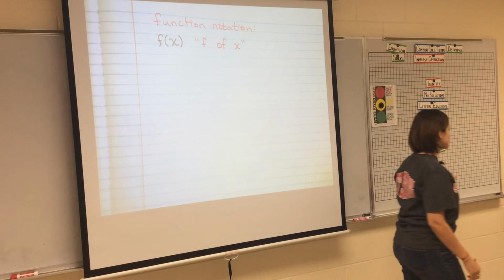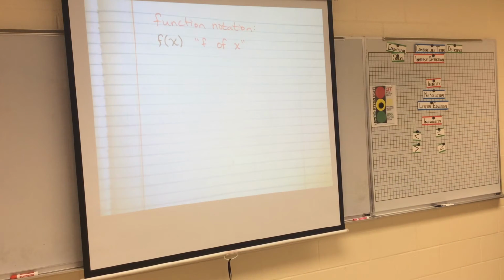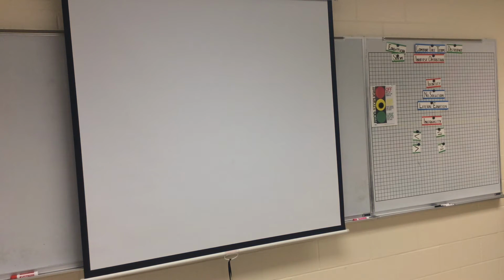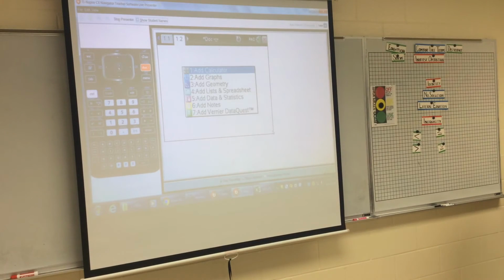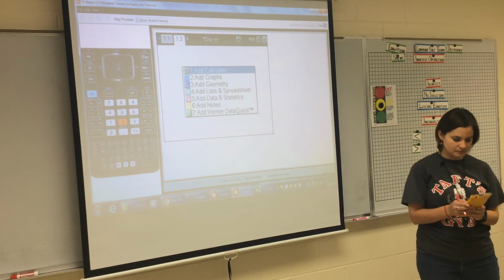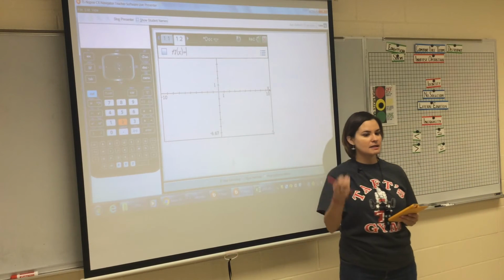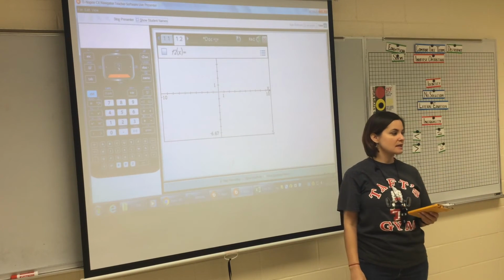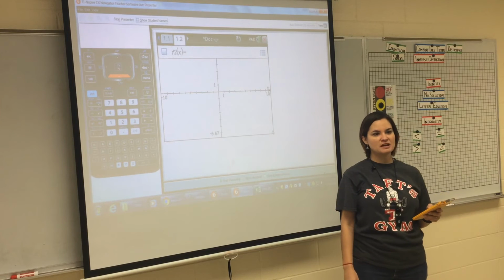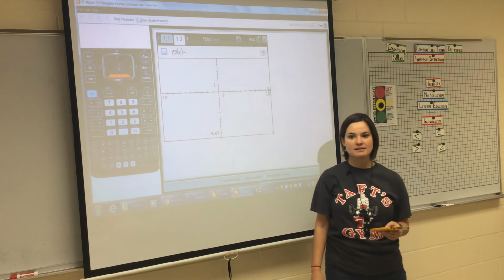Did y'all notice in your calculator, I'm going to add a graphs page. We have F1 of x. Last year maybe y'all graphed a few different things. If you go down, there's an F2 of x, F3 of x.